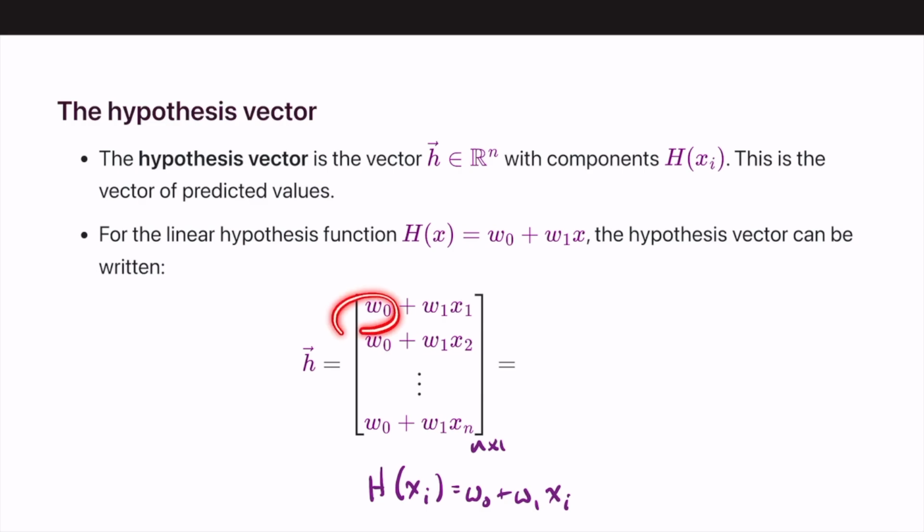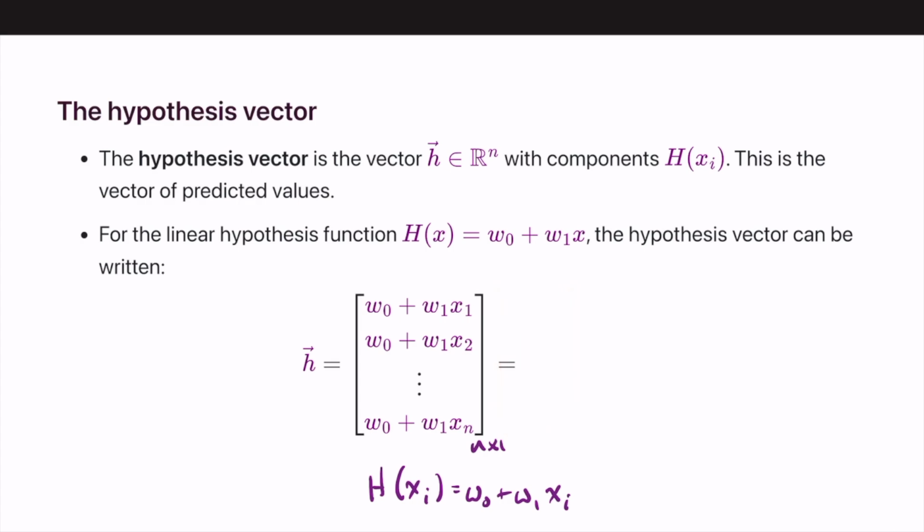So that would be like the w sub 0, w naught, the w sub 1. These are our parameters, and we can extract those out and turn those into their own vector, because this is just a series of w naughts and a series of w sub 1s, and of course this would go on and on for as many dimensions that we have.